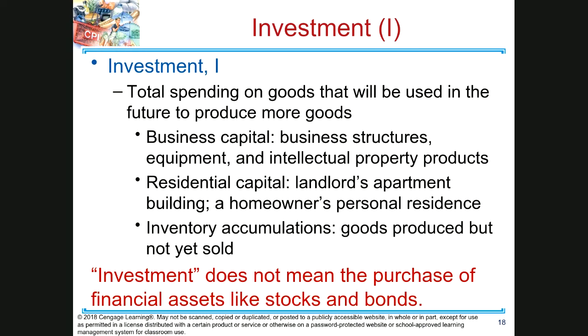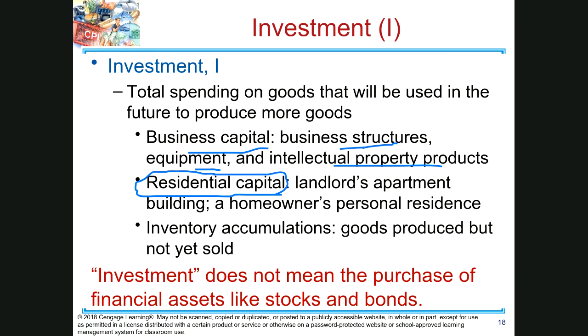These are investment expenditures that work towards the future production of goods and services, like business capital, business structures, equipment, intellectual property products, and residential capital. Remember we talked about that? It doesn't go to C, it goes to I.